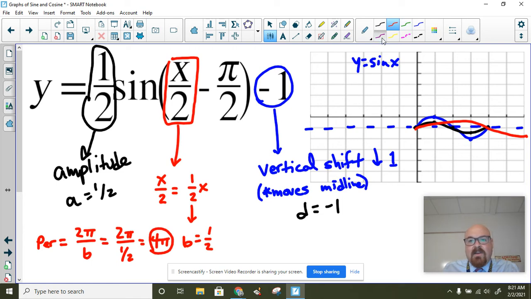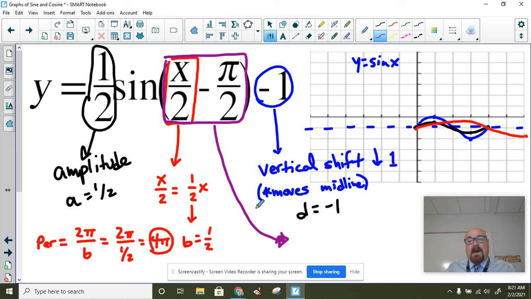Okay. The last thing that you're going to be asked for is the phase shift. The phase shift is the values that are inside these parentheses combined together. Now, C is the constant that we add or subtract here, and in fact, it's the constant that we're subtracting. So C is pi over 2, right?